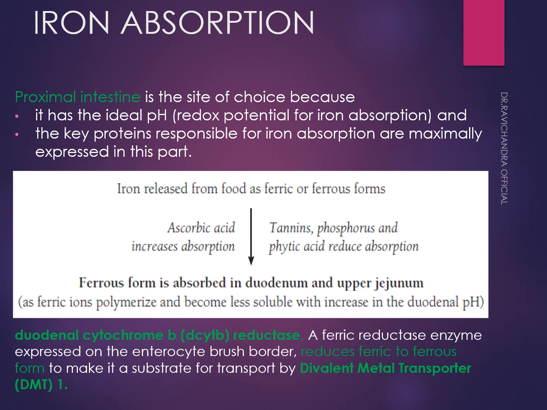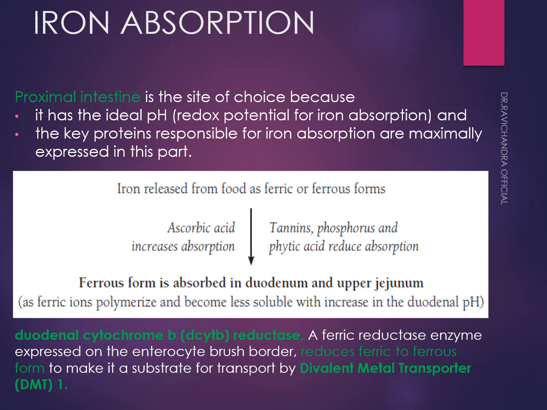So ferrous form is absorbed in duodenum and upper jejunum. So when we eat, the iron will be in the Fe+3 form. It has to be transported to the duodenum in the form of Fe+2, and to absorb in the body, it is again converted to the form of Fe+3. As ferric ions polymerize and become less soluble with increase in the duodenal pH, ferrous form is absorbed in duodenum and upper jejunum.